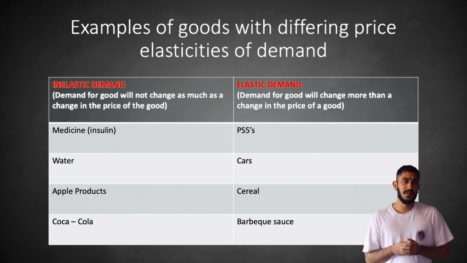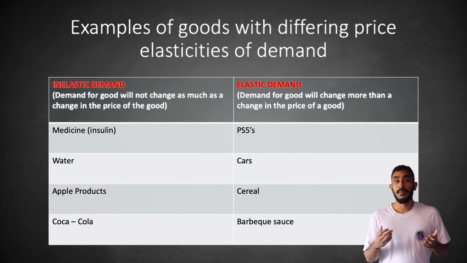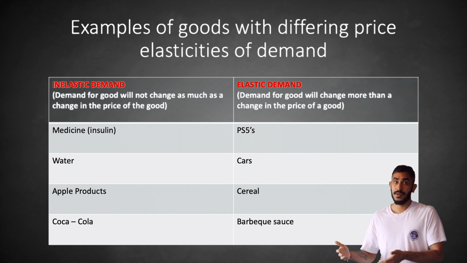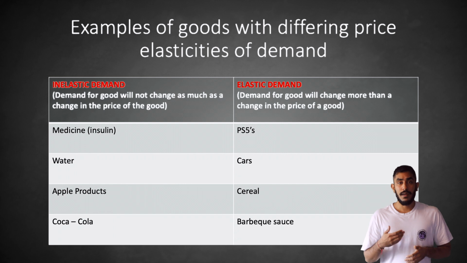For these types of goods, we can expect that changes in price will lead to a more than proportionate change in demand. In other words, when the price of the good changes, demand will change by more than the price. It might be a good idea to pause here and think about why the goods on the left are price inelastic and why the goods on the right are price elastic.